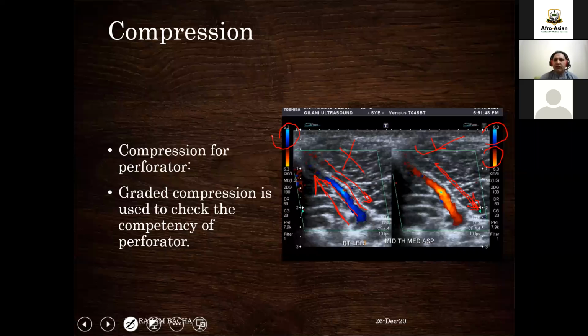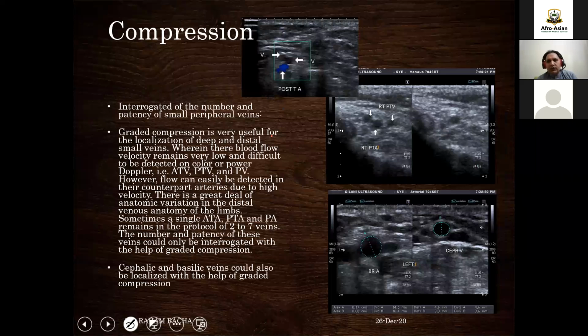Just for example, it's a bit difficult to evaluate the posterior and anterior tibial veins or peroneal veins, but that could be achieved with the help of compression. Here you can see this is a posterior tibial artery accompanied by two veins.